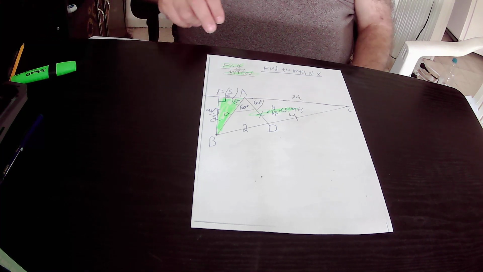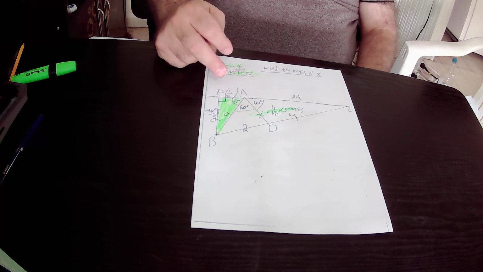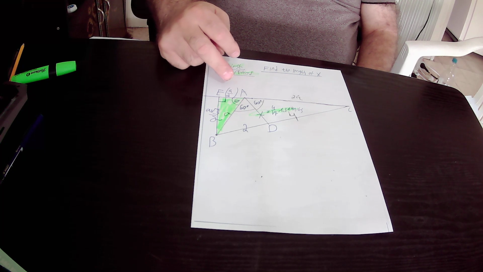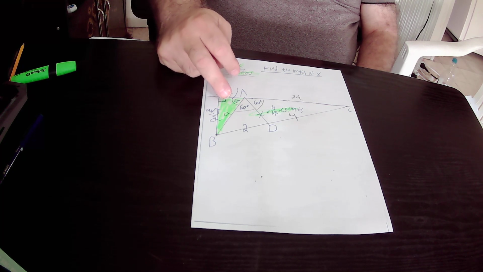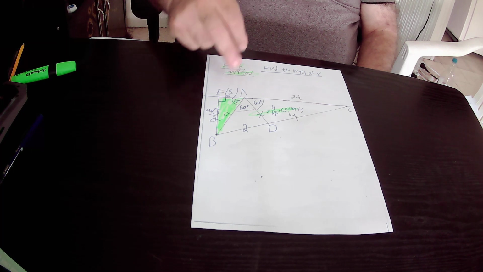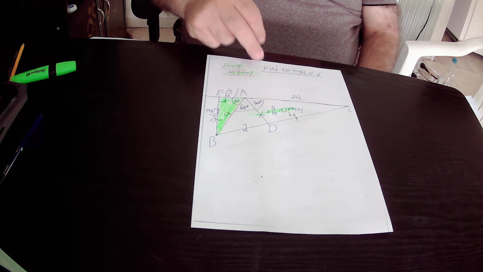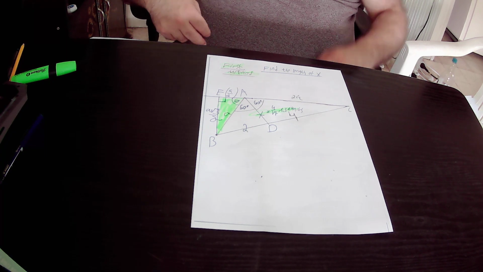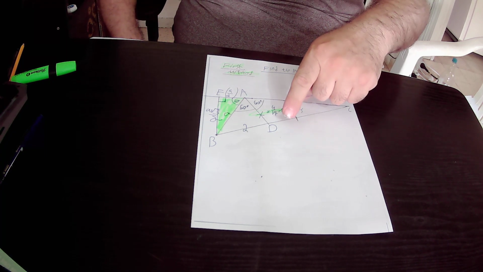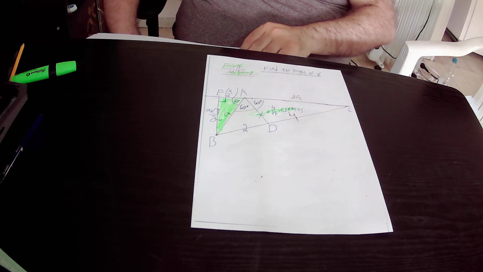We know that line segment BD equals 2 units, and AB equals A, AC equals 2A, angle BAD equals 60 degrees, and angle CAD equals 60 degrees, and we want to find out the length of side AD that is equal to x.